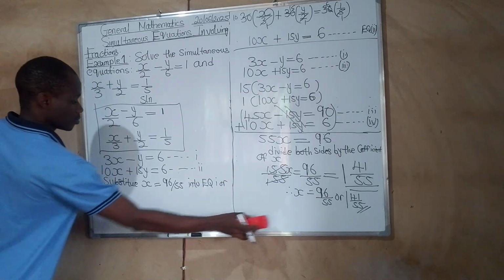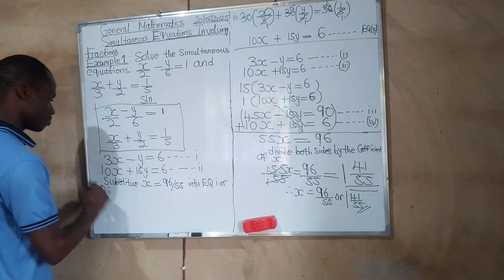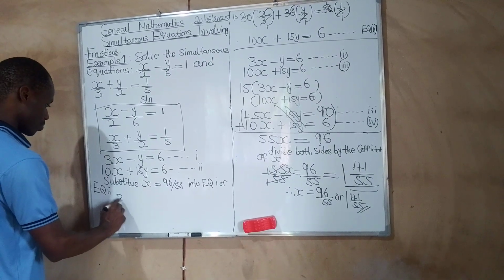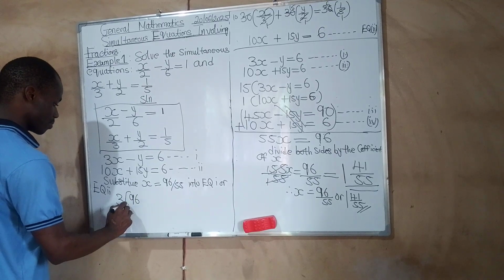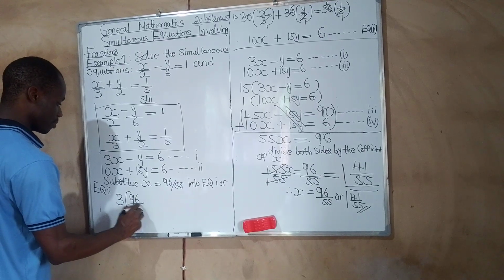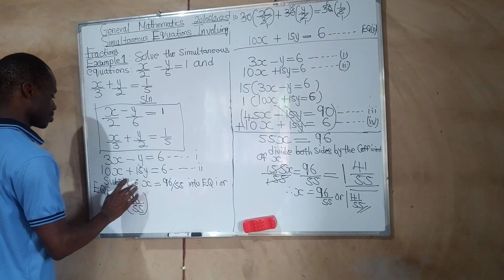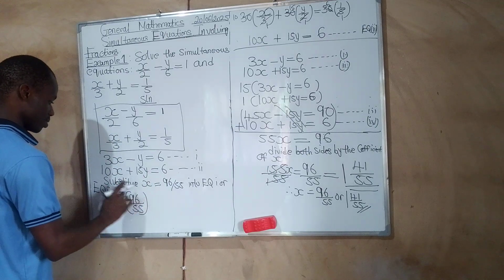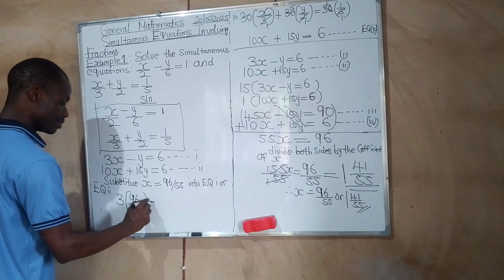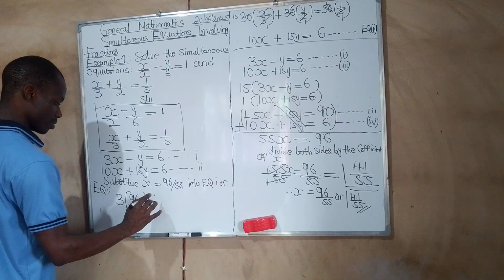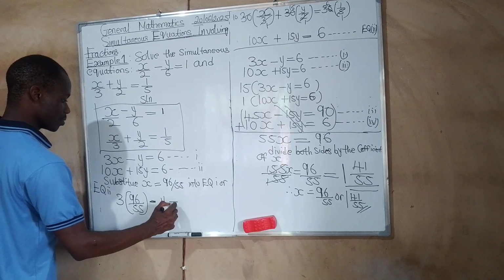Let's take equation 1 as we like. So 3 open brackets 96 over 55. Remember that substitute means to replace. So 3 times 96 over 55 minus y is equal to 6.